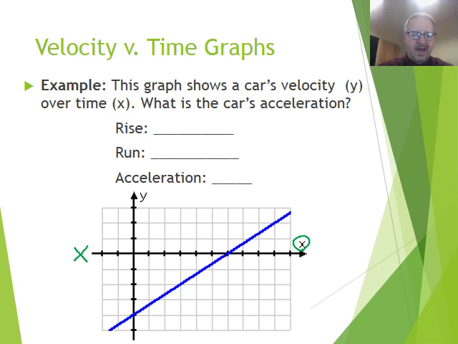And so we would have 0 here, 1, 2, 3, 4, 5, and so on, all the way out to 6, 7, 8, 9, 10, 11, and the last one is 12. Okay? So that's our x-axis, and this is seconds. It's marked in seconds. So that's our run.